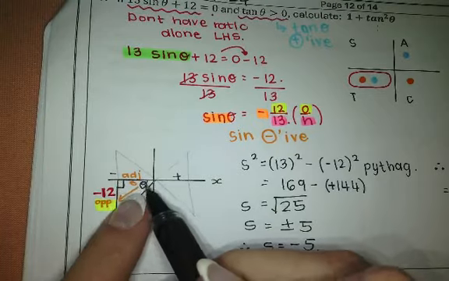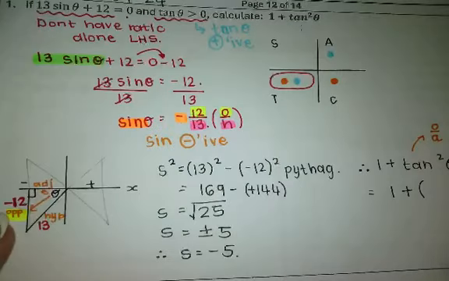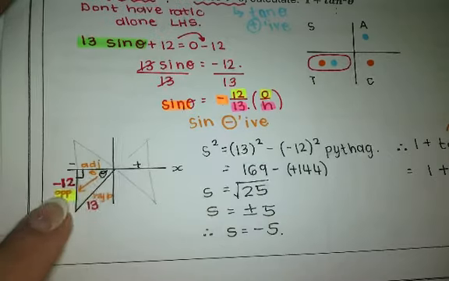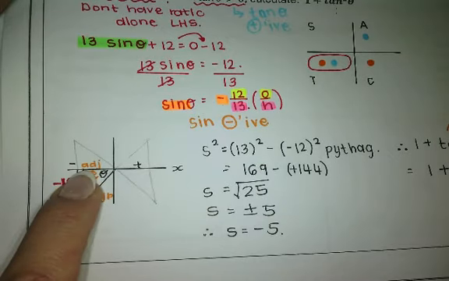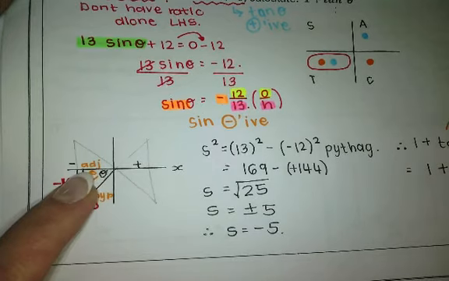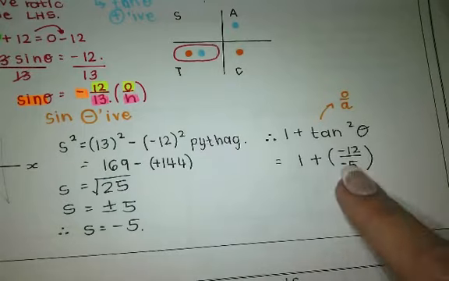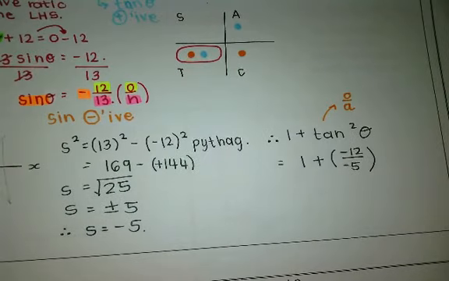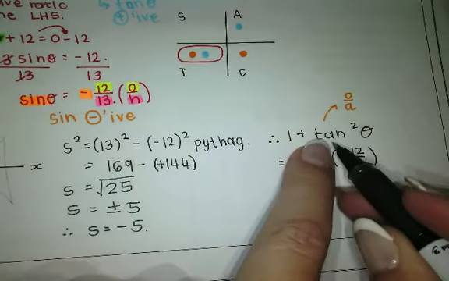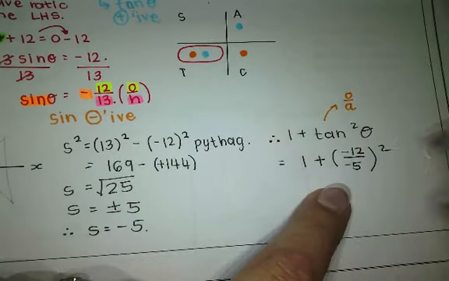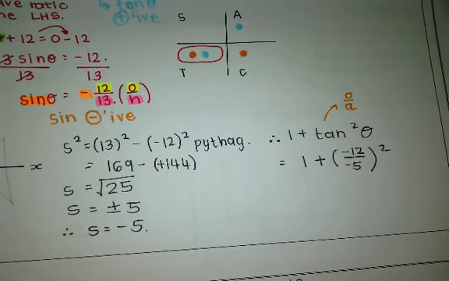So it's going to be 1 plus, my opposite side is negative 12 and my adjacent side is negative 5. Are you with me? Yes. Now do you see how we wouldn't have been able to substitute in here if we didn't do what we did? But tan theta is being squared.